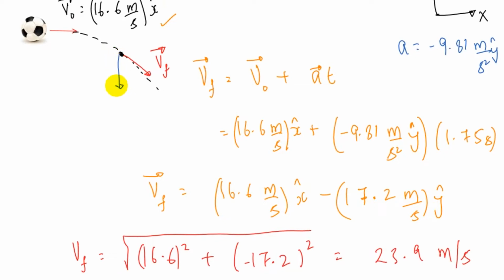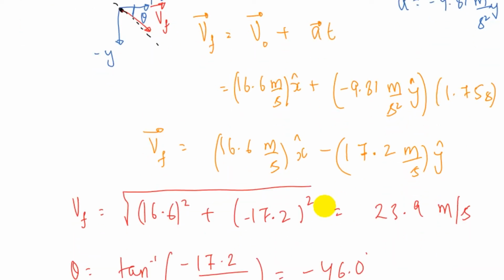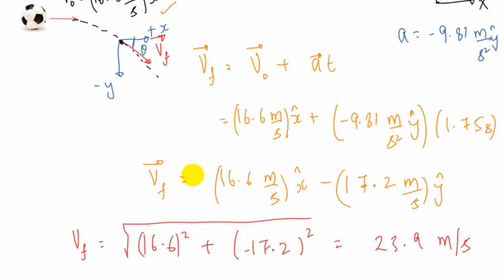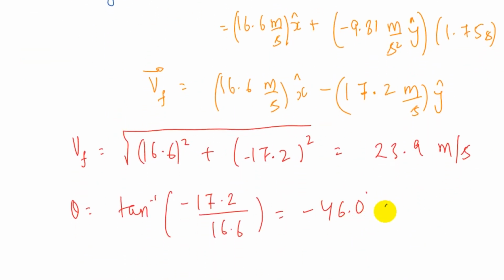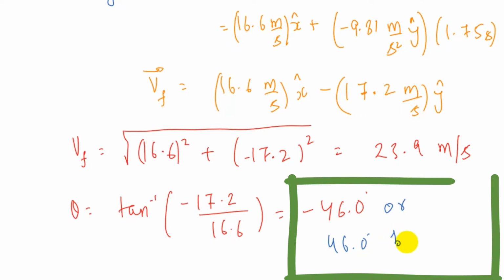This is our negative y direction and this is the positive x direction, and this angle theta we have calculated to be 46.0. Why is this negative? Because it is below the horizontal and we are measuring this angle clockwise. So we can rewrite this answer as 46.0 degrees below horizontal.